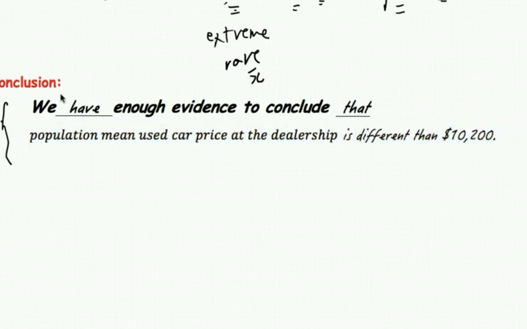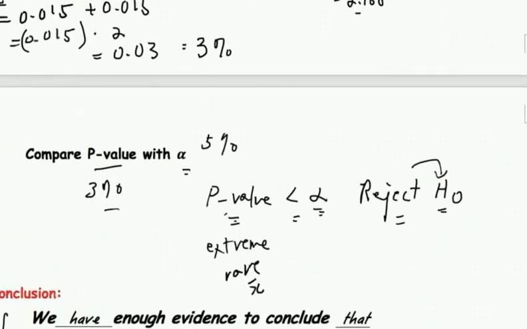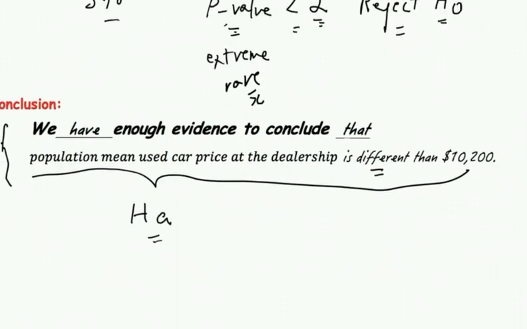So let me make sure that we understand this. This part is our alternative hypothesis. So we have enough evidence to say that the alternative hypothesis is true. The hypothesis says different, right? Not equal to means it's different.